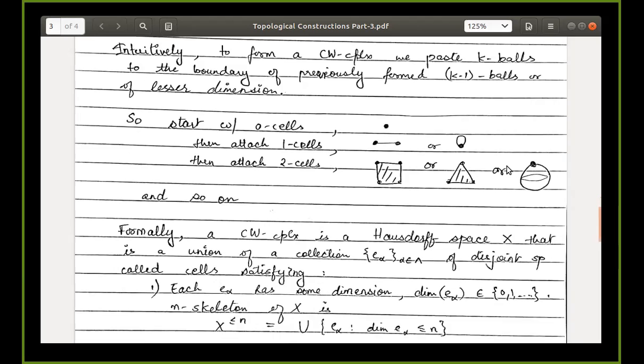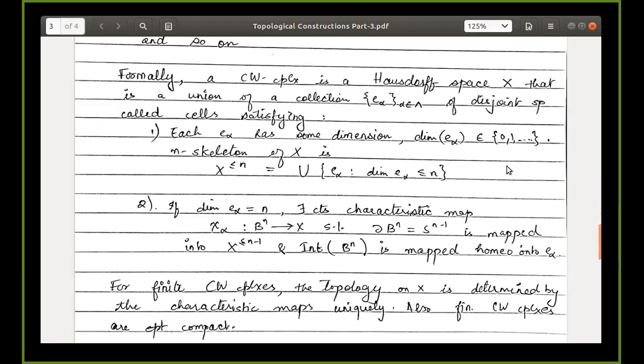dimensional balls. So the formal definition says that a CW complex is a Hausdorff space. Hausdorff, everyone recalls, is a space where any two points can be disjointified by open sets.